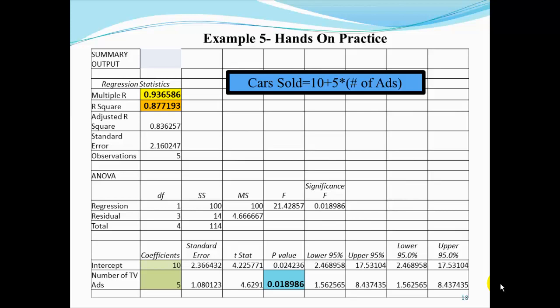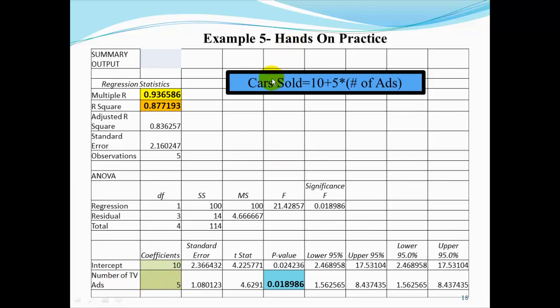You should have entered your data into Microsoft Excel and conducted a regression analysis. Your output should look as shown on this slide. Our B0, or intercept value, is equal to 10 and our B1, or slope, is equal to 5.